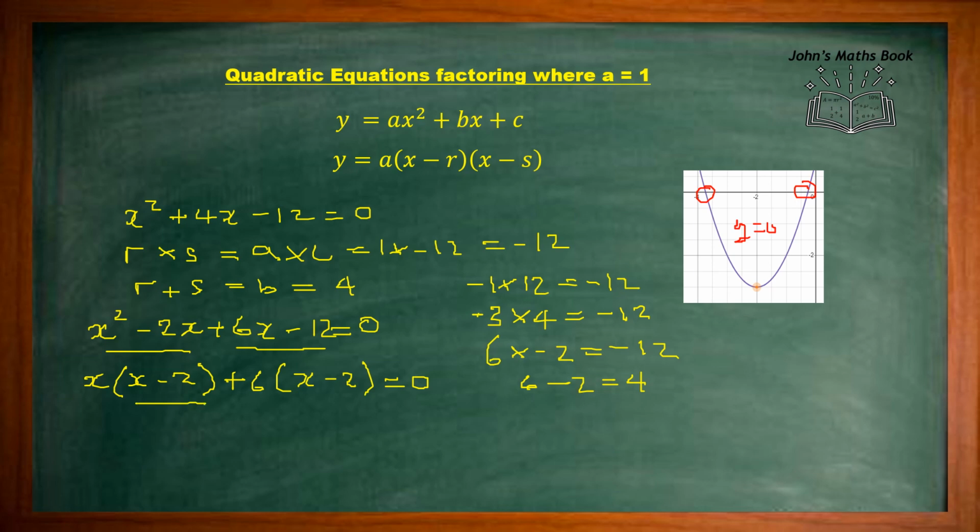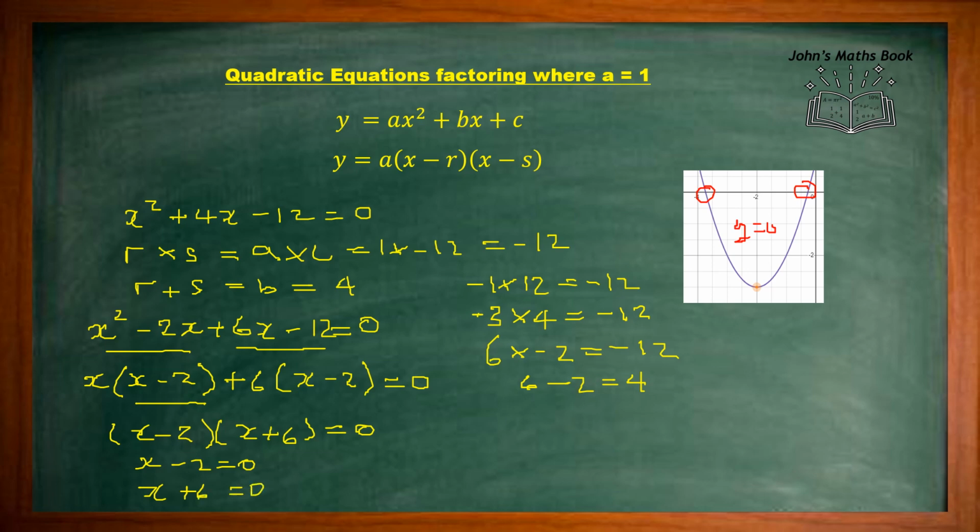So we factorize this, and we get x minus 2 multiplied by x plus 6 equals 0.